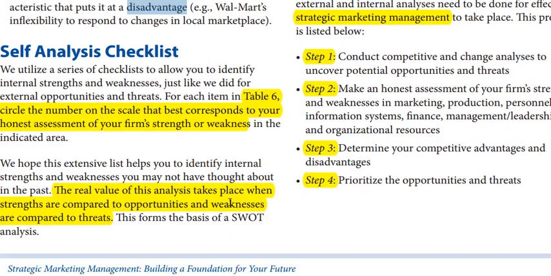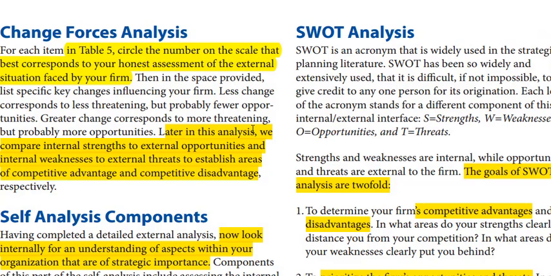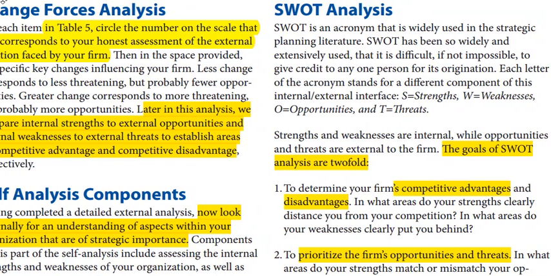To do this, as we have seen earlier on, we will move on to SWOT analysis. And the SWOT analysis format is given in table number 6. We will complete this exactly as we have completed the other tables in this reading. And by looking at the questions, we will try to answer that.